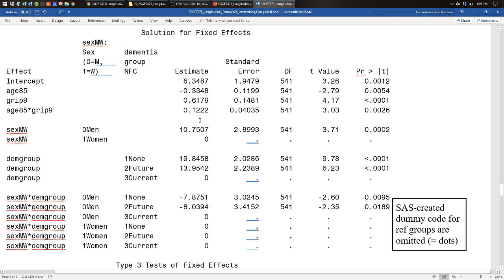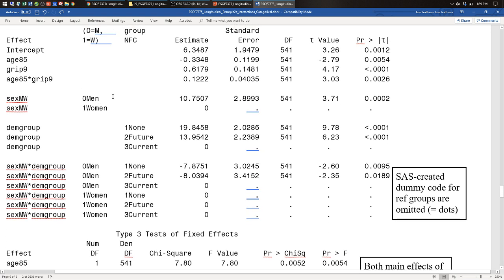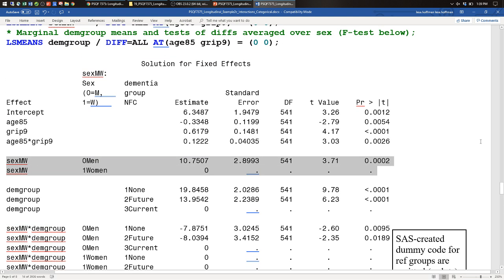Here's the table. Now we have the explicit reference group listed for gender as well as for dementia. Note the coding scheme. This is a popular source of confusion. In my variable, men are the 0 and women are the 1.